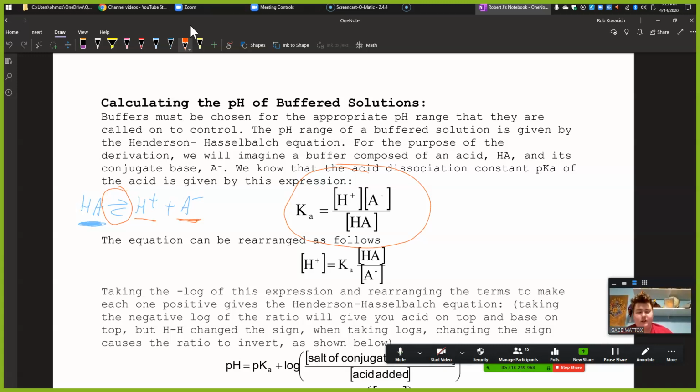Isn't it just the Henderson-Hasselbalch equation? It's not. Anybody? The acid dissociation constant? Okay. And then that's what the thing on the left is that I drew. What's the thing on the right?